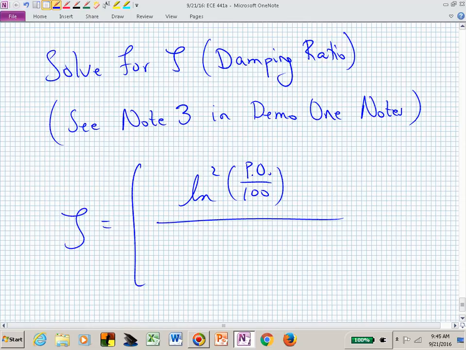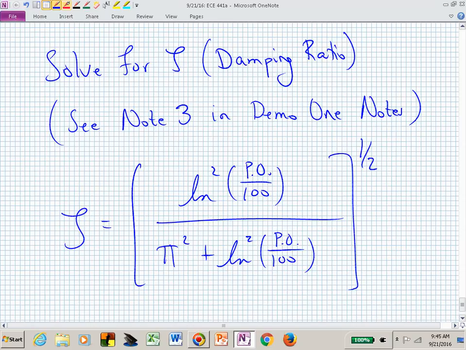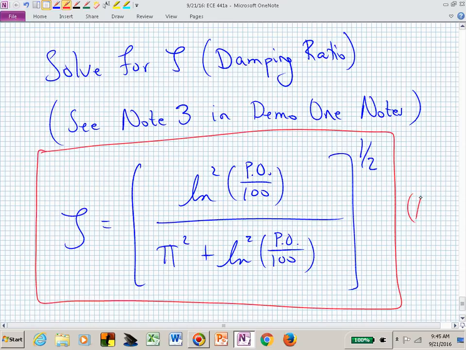So if you have a percent overshoot of 25, PO is 25. And here's what you don't want to forget, take the square root of that. And you can derive that from the previous formula. But now, given percent overshoot, which you can calculate, you can now find your damping ratio zeta.